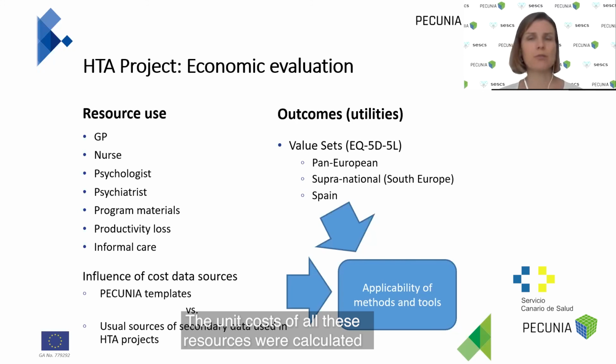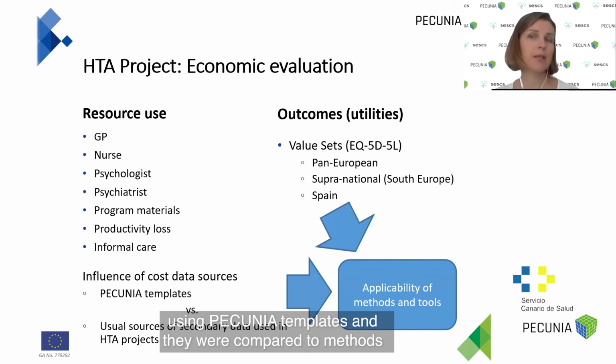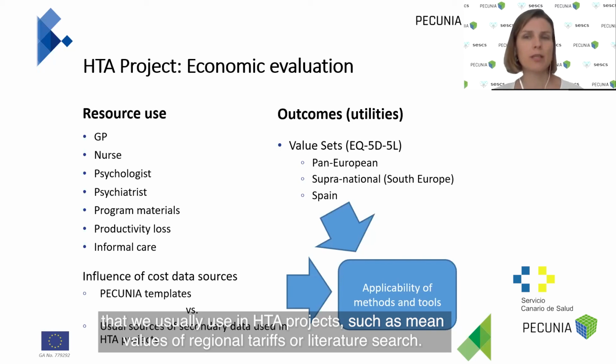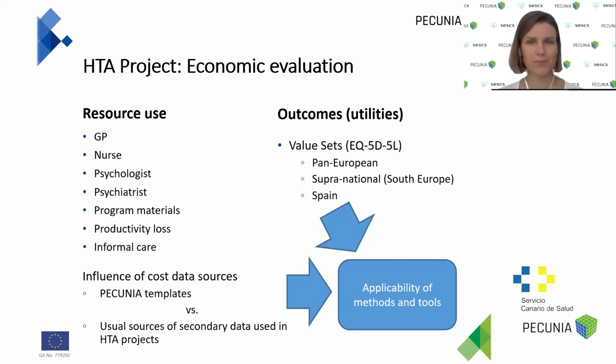The unit costs of all these resources were calculated using PECUNIA templates, and they were compared to the methods that we usually use in HTA projects, such as mean values of regional tariffs or literature search.